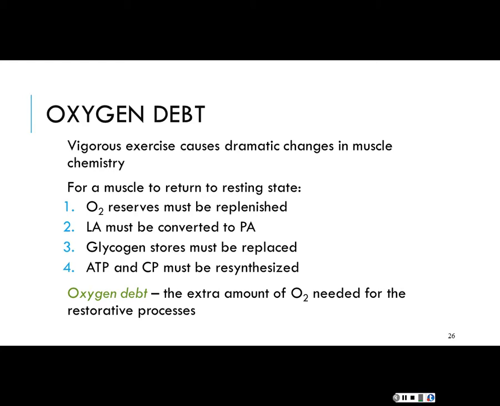If lactic acid builds up after glycolysis, we've got to convert that back to pyruvic acid, my abbreviation there, PA. If any glycogen in your skeletal muscles or liver has been catabolized, you can rebuild those glycogen molecules. ATP, we know it's been used, so we need to bring it back to the set point. Creatine phosphate has got to be reformed. So after exercise, all of these molecules have to be put back to set point. Excessive things removed, storage things put back into storage.